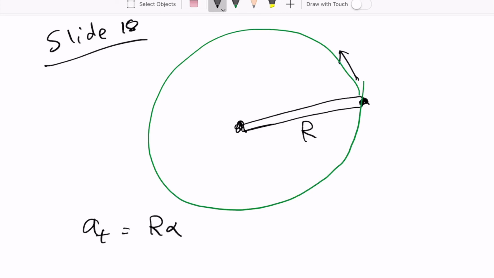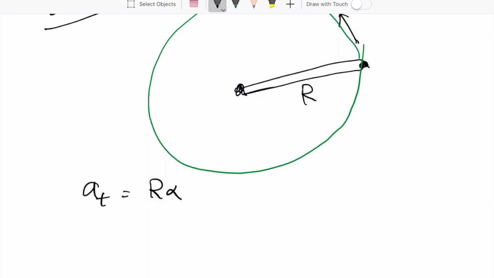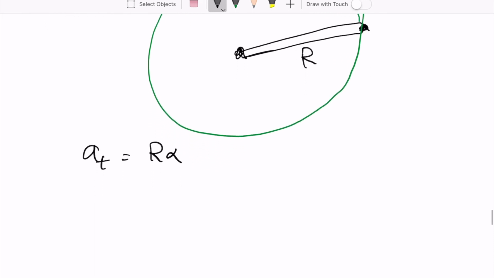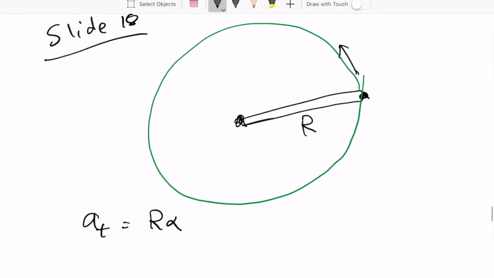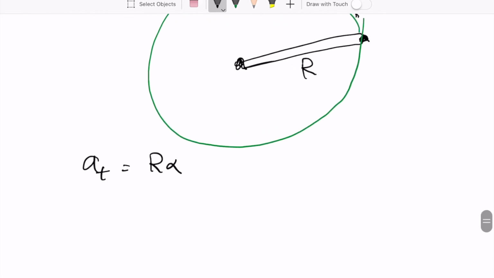Okay. At time t, what is the centripetal acceleration? So we want to find AC at time t. So how do we do that?